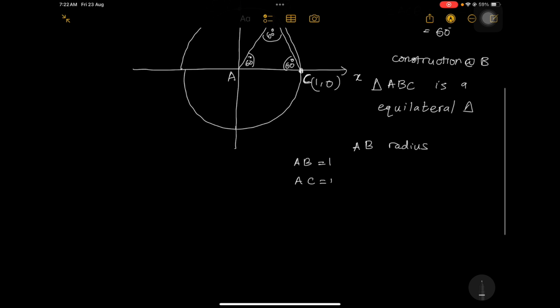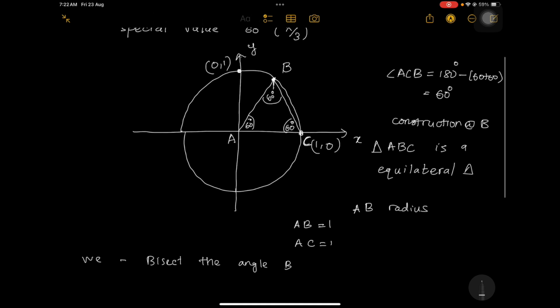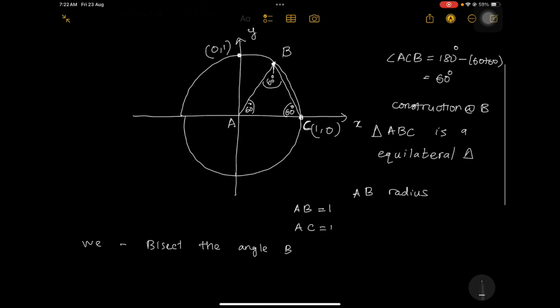Right? So we are going to bisect the angle B. The B angle is 60 degrees, which we are going to make into two parts. We are going to draw a bisector from B to AC.